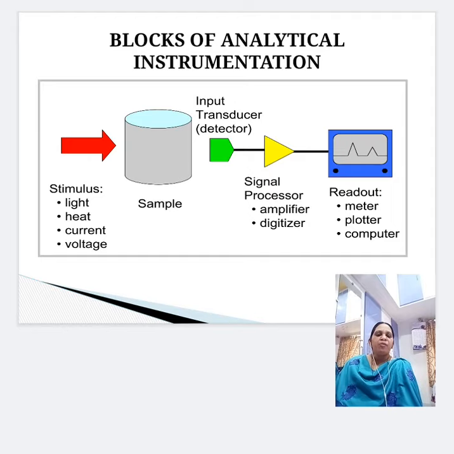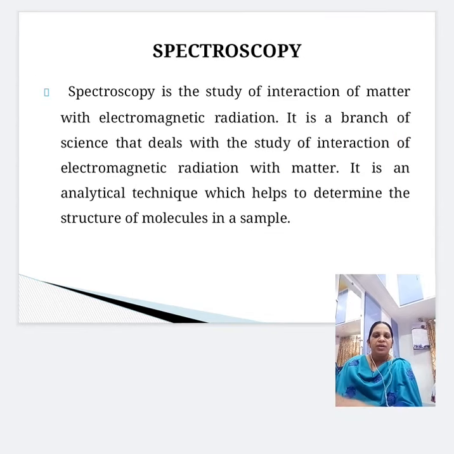The output of the processor is sent to your readout device, which may be a digital meter or an analog meter, a plotter, or a computer screen or a CRT screen, thereby displaying the output that is being measured. So these are the basic blocks of the analytical instrumentation.